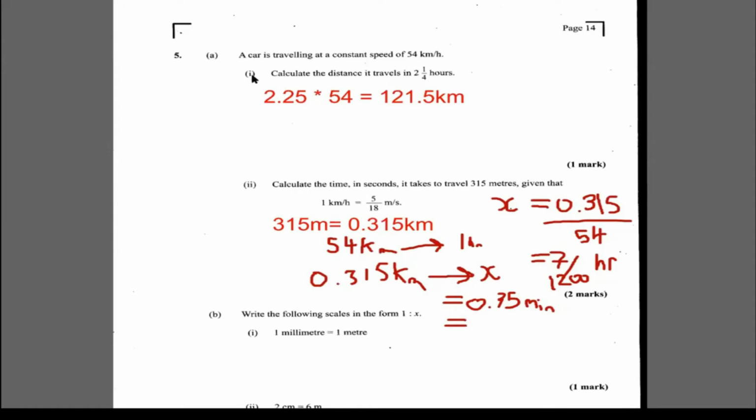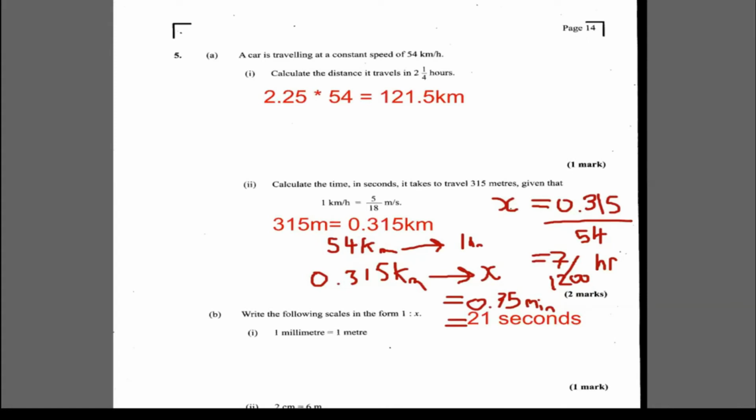So it really takes 21 seconds. Finally, it takes 21 seconds to travel 315 meters. That's how I would have done it. You didn't have to do all of this. This is just what I would have done.